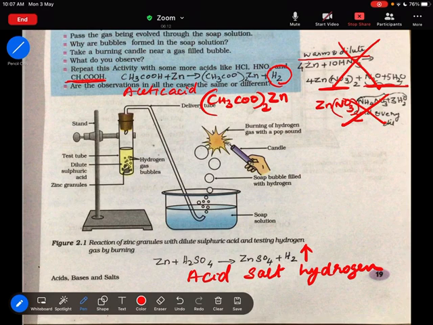If it is an organic acid, you have to first write that organic portion. So this is acetic acid and this is zinc. So this is called zinc acetate, and hydrogen gas will be produced.